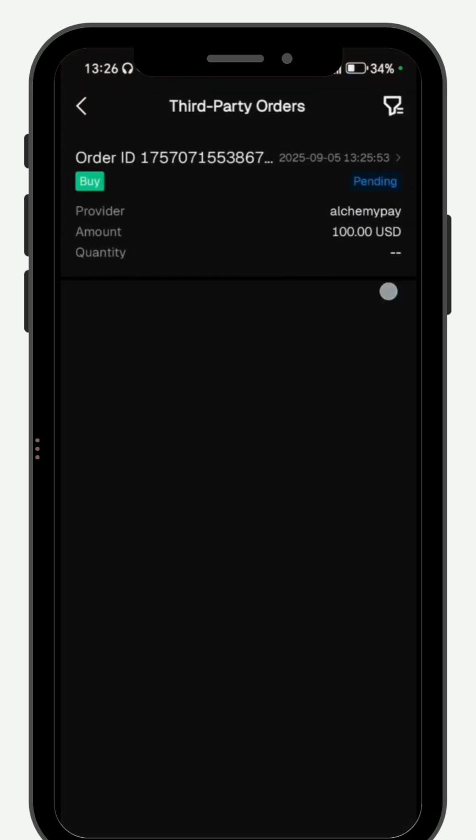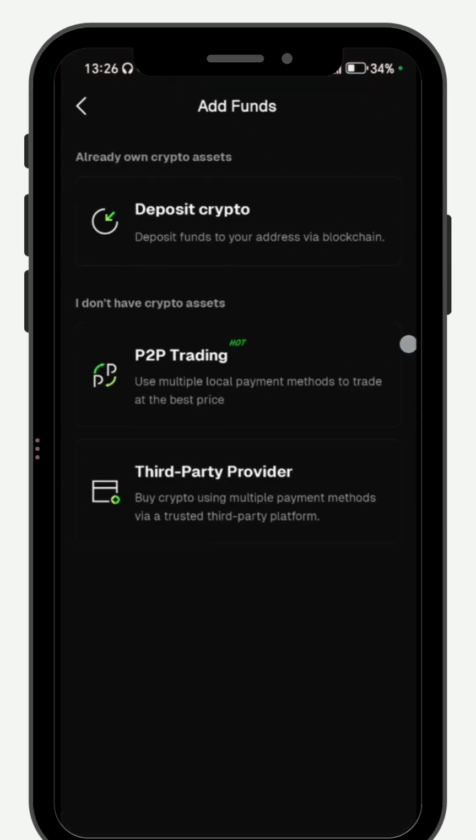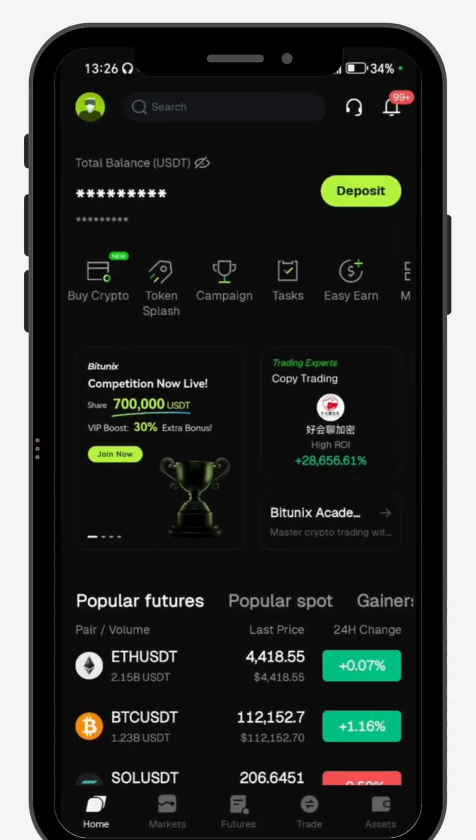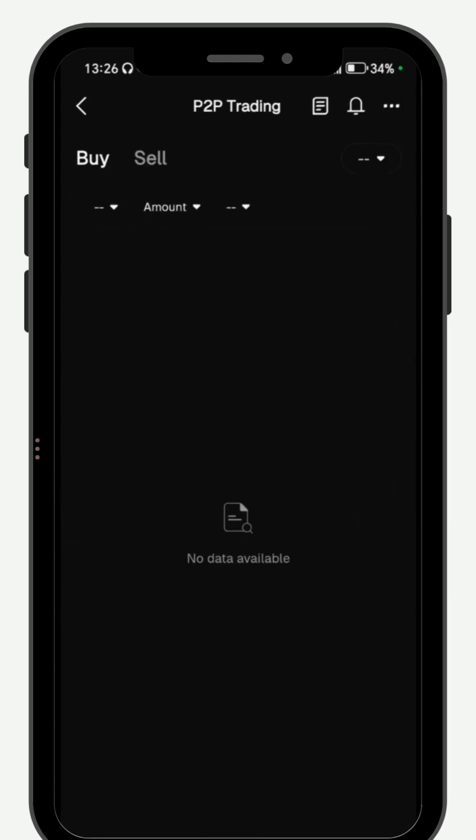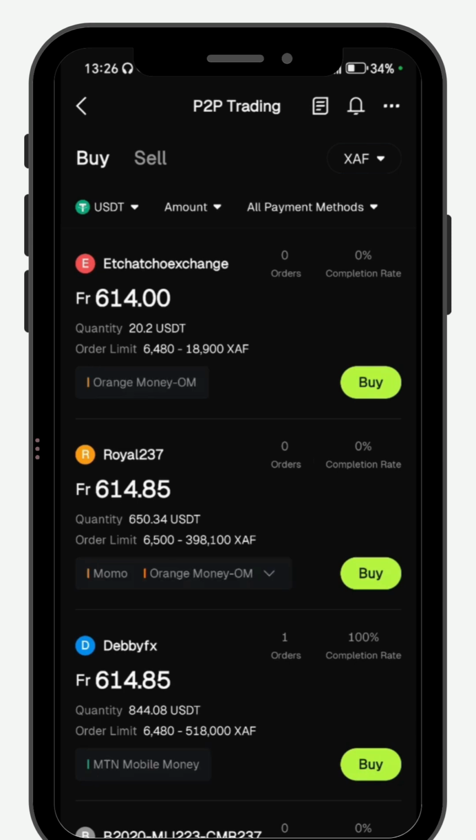I think the best way to go about this is to do the P2P deposit. For example, just go to P2P, select whoever is selling here. You can choose to buy, or maybe just deposit money from any other exchange out there. For example, you can send money to your account through Binance or through Bybit, through bank deposit.